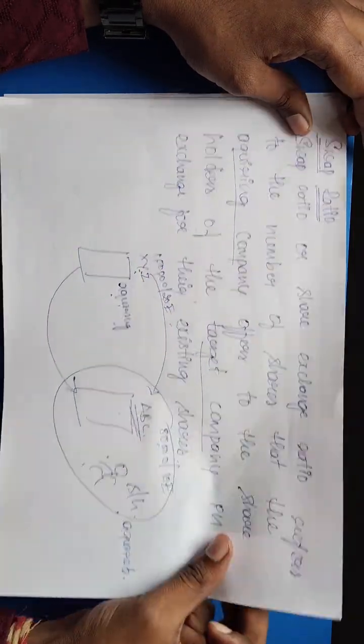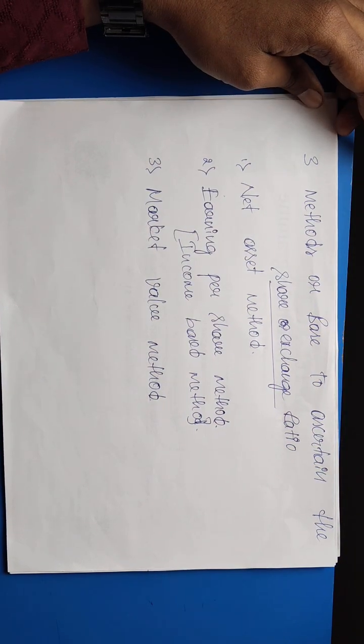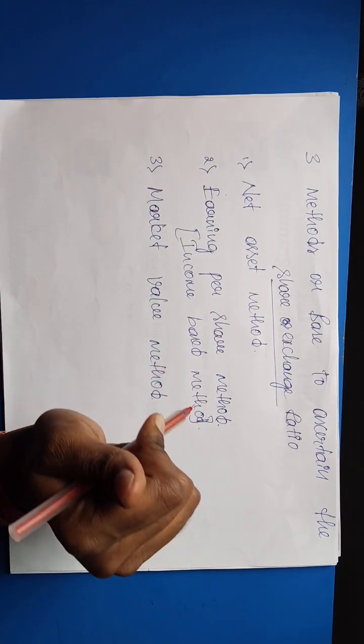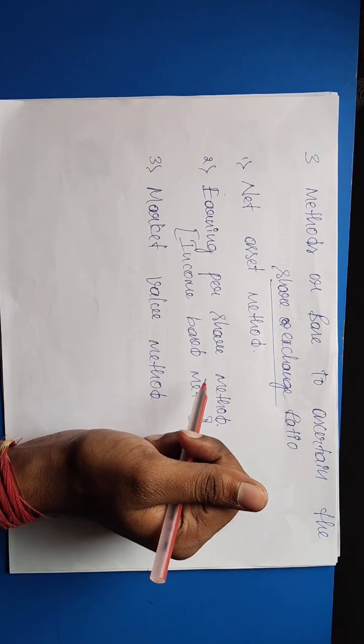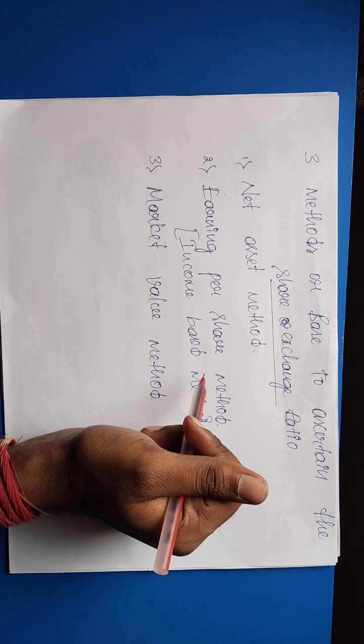Under the swap ratio, in order to evaluate the business valuation, we basically have three approaches. That is the net asset method, then the earning per share method. Here, I'm considering the earning per share method and the income based method to be the same, because here we are calculating the share exchange ratio from the perspective of the shareholders.